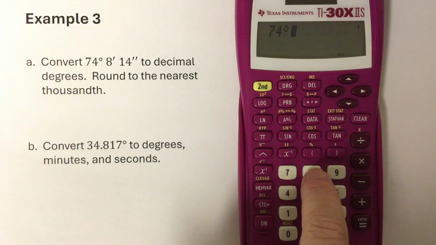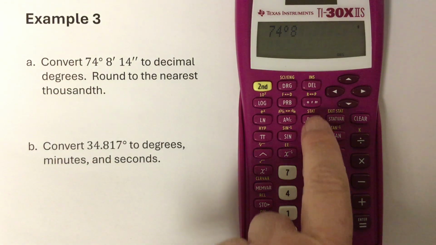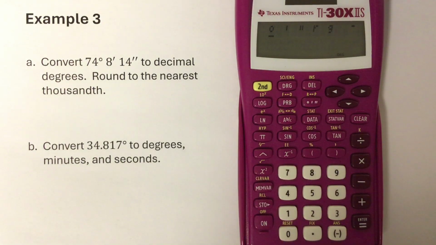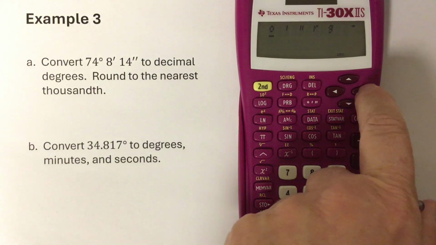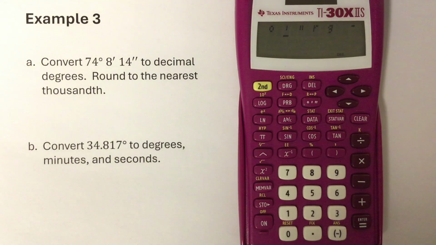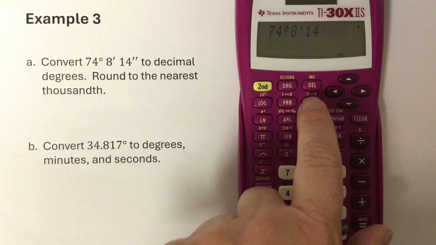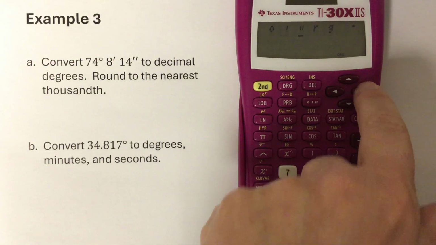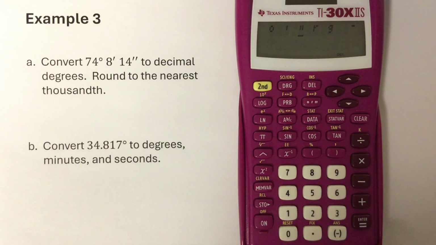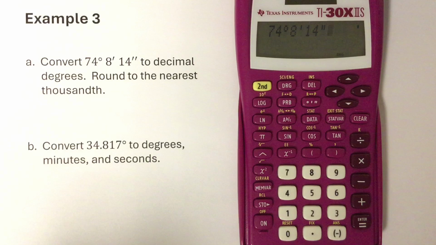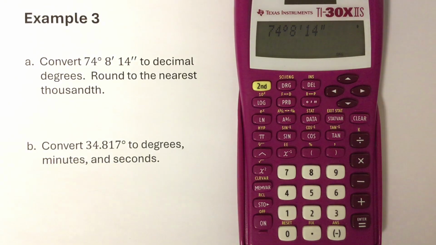Now I can enter the 8 minutes, so 8, hit the degrees, minutes, seconds button again, arrow over so that the minutes symbol is underlined, and press equal. And then we want to enter the seconds, so 14 seconds. Arrow over so that the second symbol is underlined, and press enter or equal. And now your screen displays 74 degrees, 8 minutes, and 14 seconds.